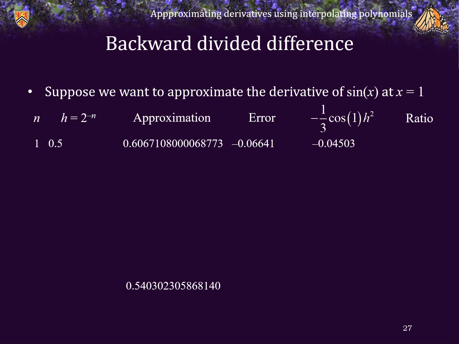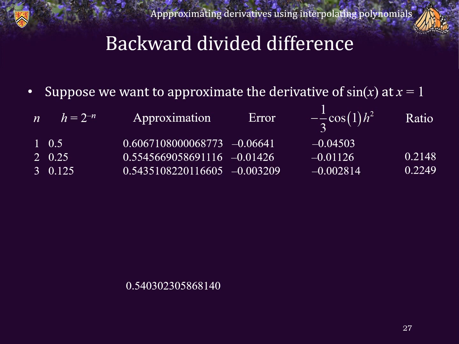So again, with n equal to 1, h is equal to 0.5. Notice already that our approximation of the error is significantly worse than before, but nevertheless the error does seem to be dropping by a factor of 4. Not quite a factor of 4, it's actually dropping by almost a factor of 5 at this point.